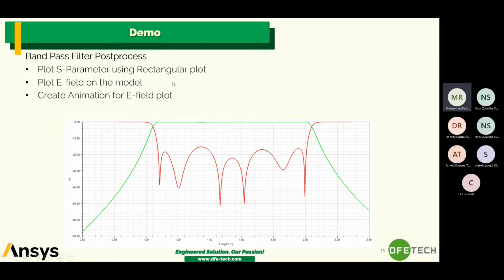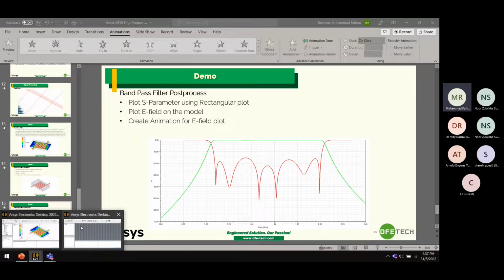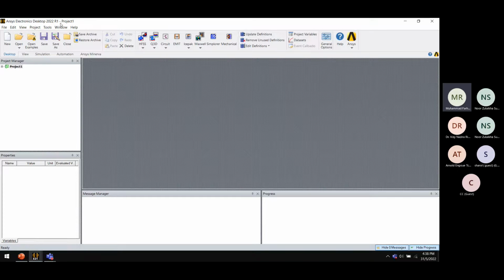For the post-processing, we'll be plotting the S parameter using a rectangular plot. We plot the electric field of the model and create an animation for the electric field plot. Now I'll be opening the Ansys Electronics Desktop version 2022 R1.